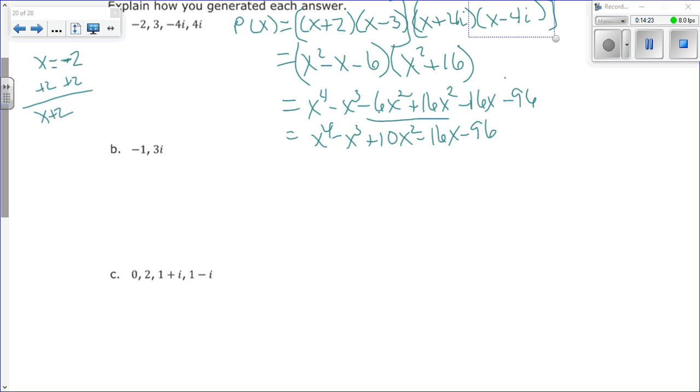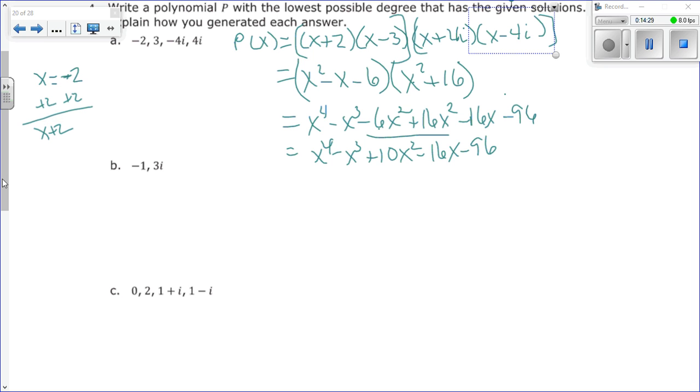For B, I would have a third degree, something that we did not talk about before. Whenever I come to imaginary or complex roots, they always come as a conjugate pair. So negative 3i must also be one of my roots.